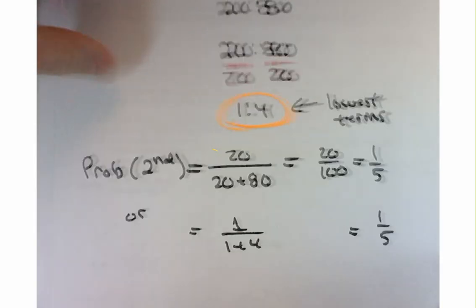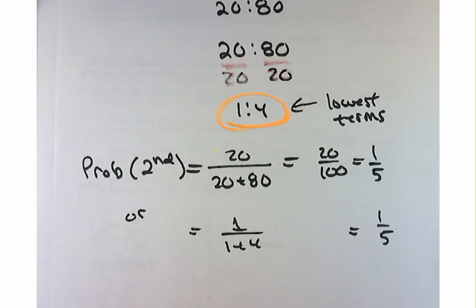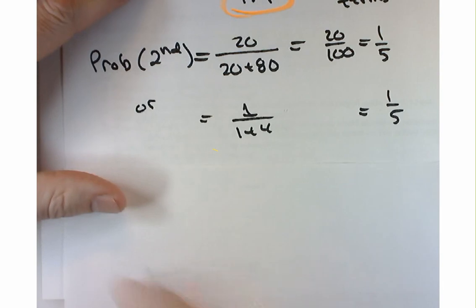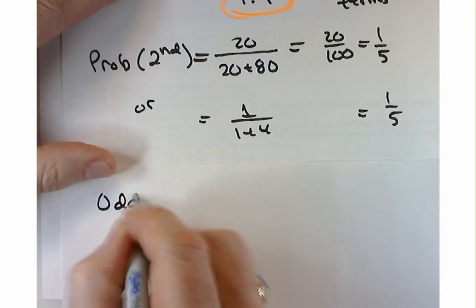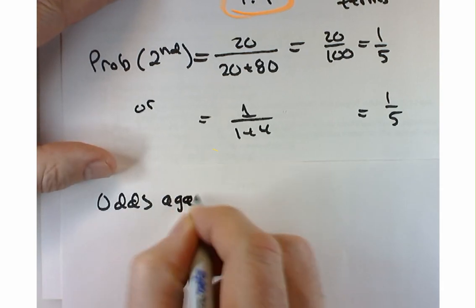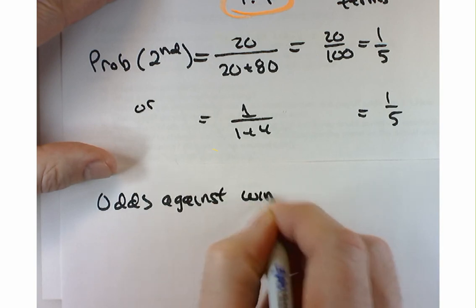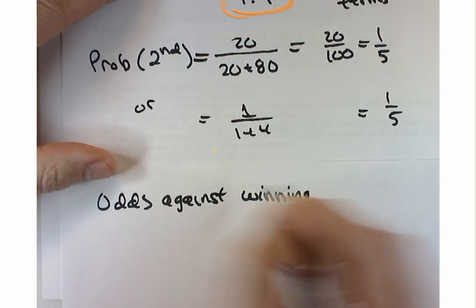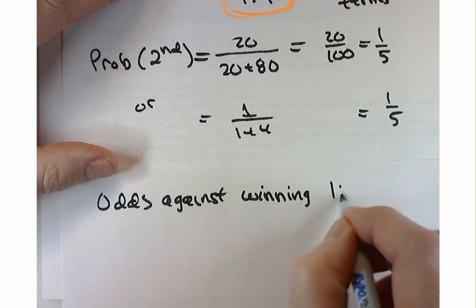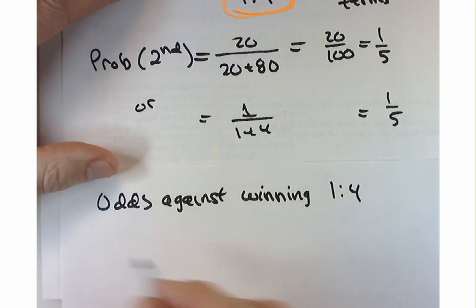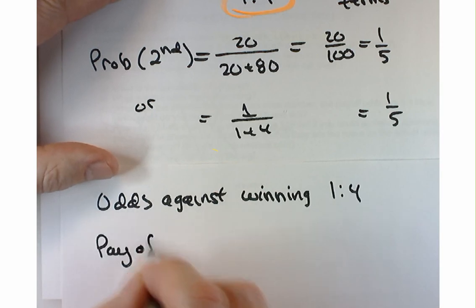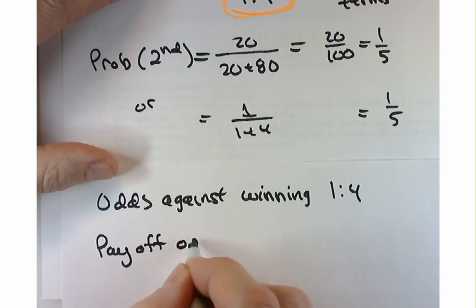So here's our odds against winning, and let me go to a different sheet. Odds against winning, and that was 1 to 4. So if our payoff odds are that, let me describe to you what the payoff odds represent.